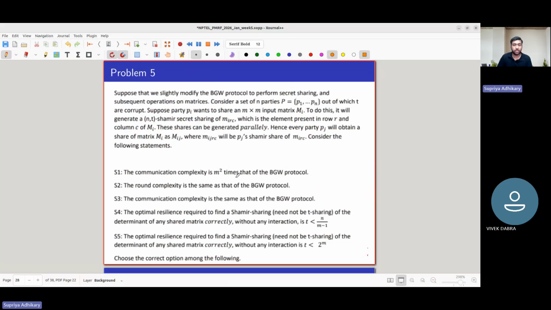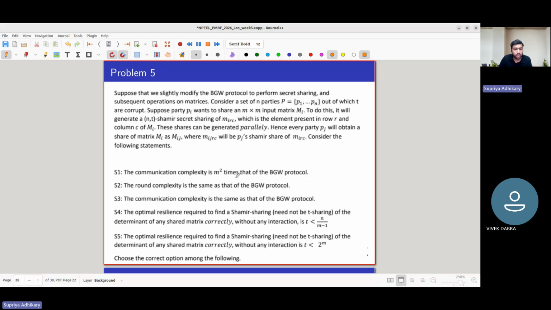So over here, it says that there are n parties, and out of which t are corrupt. Suppose that party Pi wants to share an m cross m input matrix Mi. To do this, it will generate an (n, t) semi-secret sharing of the element present in row r and column m. These shares are generated in parallel, and hence every party Pj will obtain this matrix. The communication complexity is m square times that of the BGW protocol.